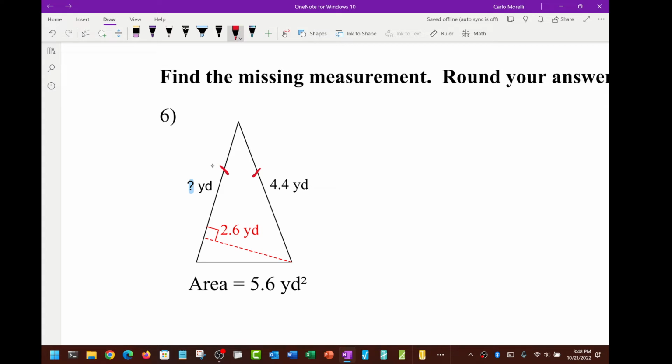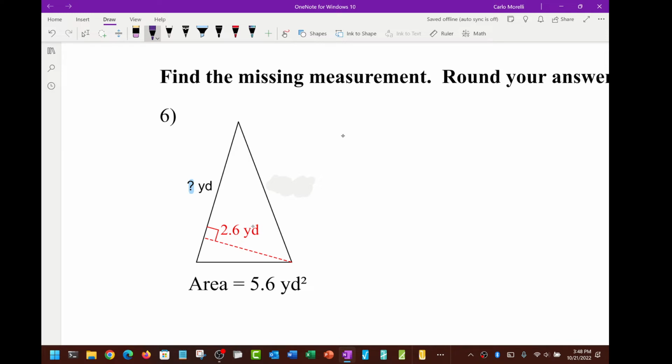If those symbols were present, then I would know it was an isosceles triangle, and I wouldn't have to do any work. I could say, oh, it's 4.4 because these would be the same. But we're not told that for sure, and so we can't make that assumption. And so we're actually just going to ignore this so it doesn't confuse us. And now we only have 2 numbers visible.